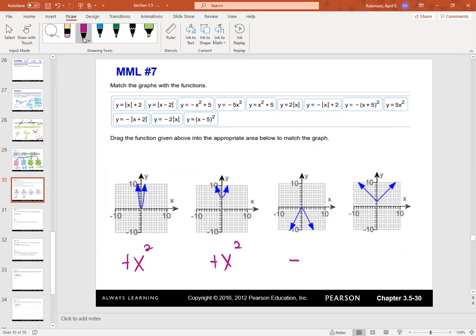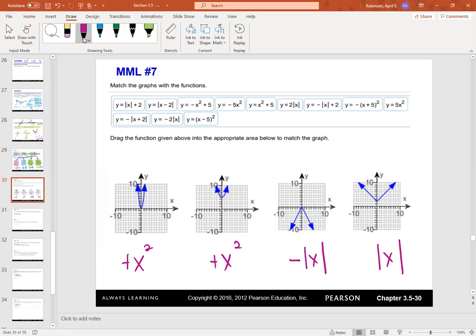This one is a negative absolute value of x, and this is a positive absolute value of x. That I know for sure, based on how they're smiling or frowning at me, and if they're curved or straight. Straight V's, that's absolute value. Curved guys, those parabolas, that's your x squared. Smiling is up, going down is negative.